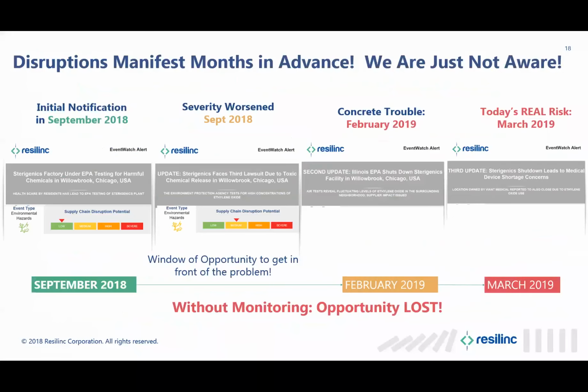This is about Sterigenics. It's a company that provides sterilization services that are critical for medical, pharmaceutical, food product safety, all the packaged material and laboratory testing. Pretty much anything that either goes into our body or we consume or is on our bodies.